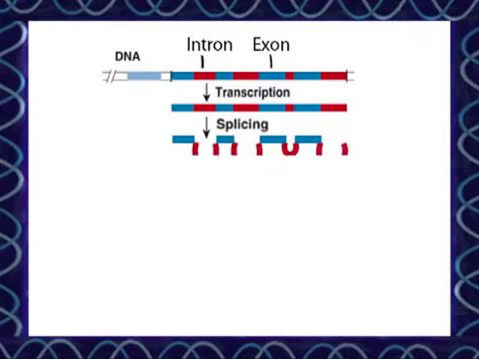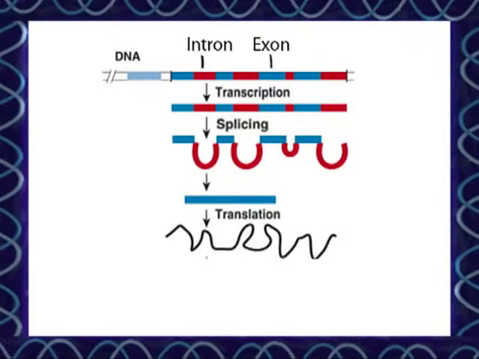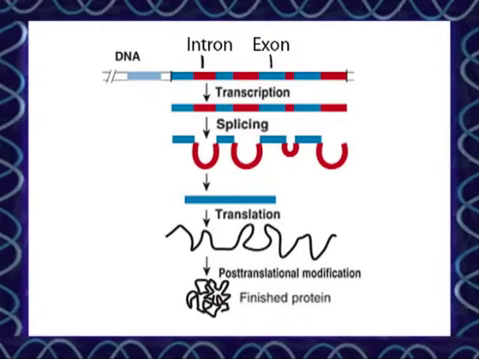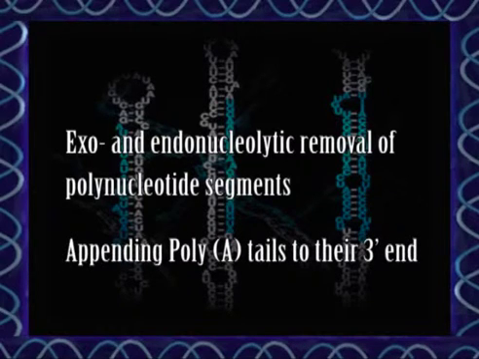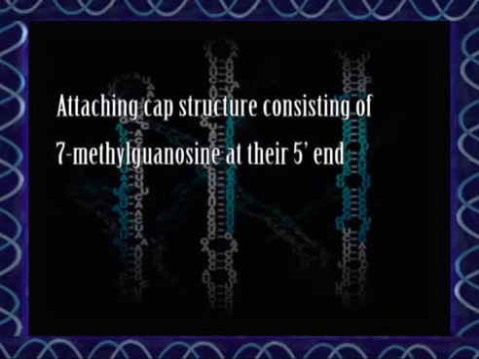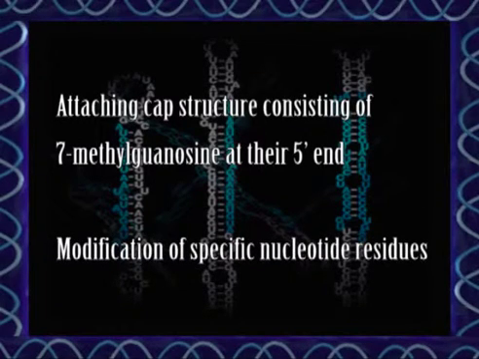In order to acquire biological activity, many of them must be specifically altered by the exonucleolytic and endonucleolytic removal of polynucleotide segments, or by appending poly A tails to their 3' end, or by attaching a cap structure consisting of 7-methyl guanosine at their 5' end, and/or by the modification of specific nucleotide residues. The longevity of mRNA is influenced by the poly A tail length, which enhances the mRNA lifetime.